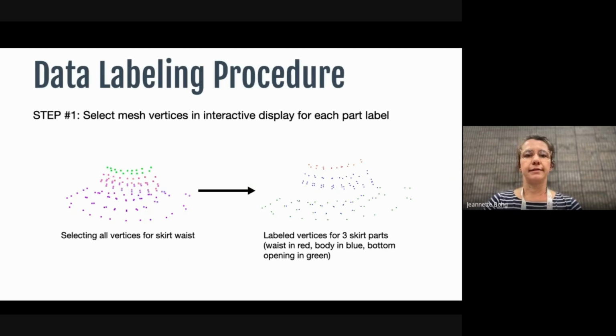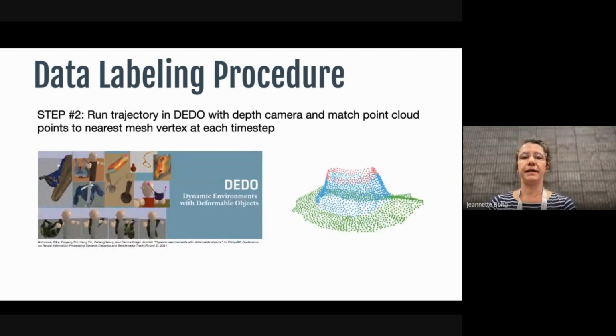All right, and so then we run this trajectory of the skirt in the simulator that is based on PyBullet, and acquire the point clouds by rendering the skirt from 4 different depth cameras. And then we have a point cloud. And how do we label the point cloud finally?